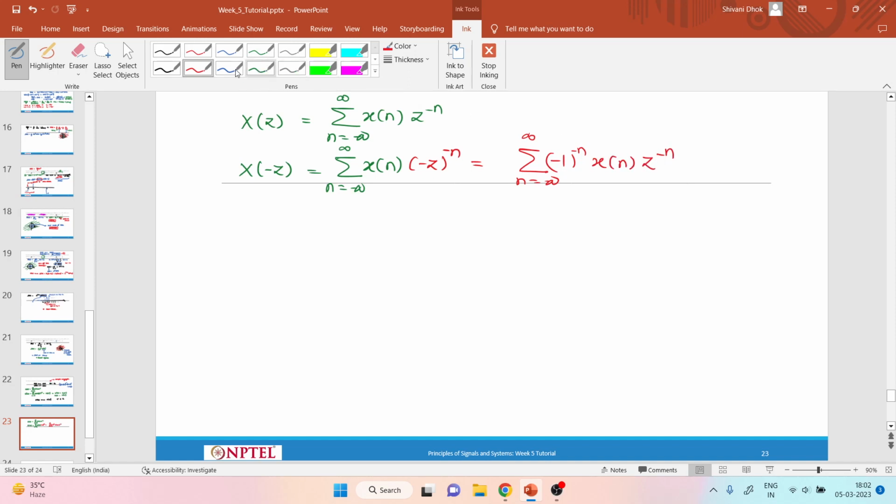So basically this is the z transform of minus 1 to the power minus n into x of n. This is my x1 of n. So if I have minus 1 to the power n x of n, then its z transform is simply X of minus z.